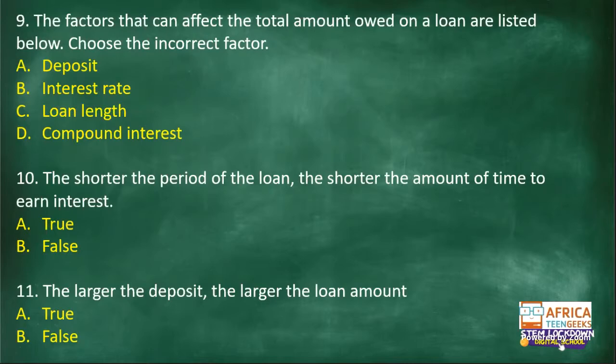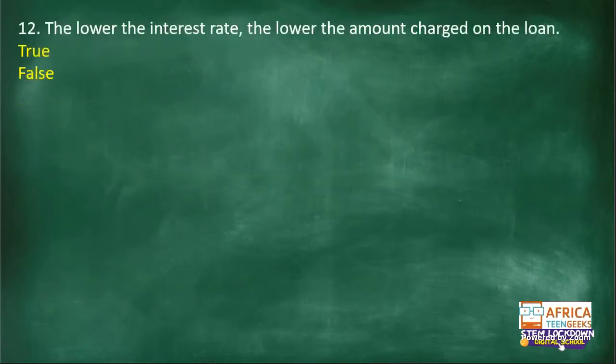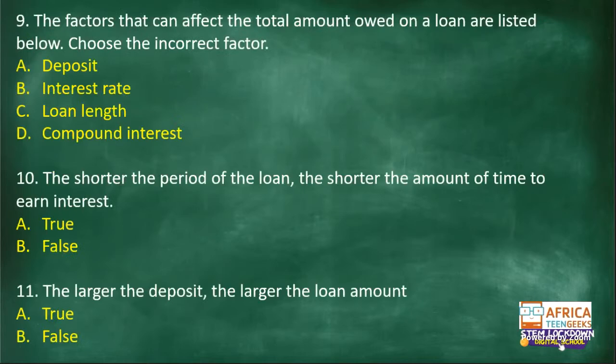What is that factor there? Is it the deposit? Is it the interest rate? Is it the loan length? Is it the compound interest? Those are four different factors which are given there.